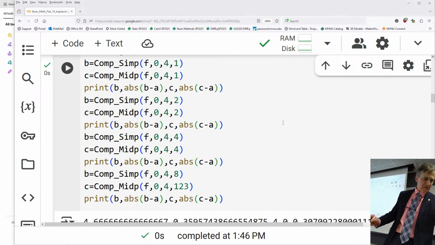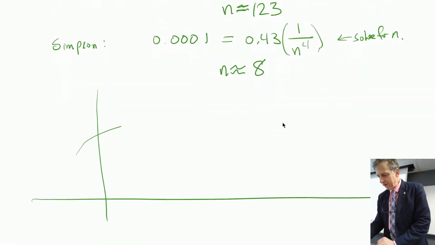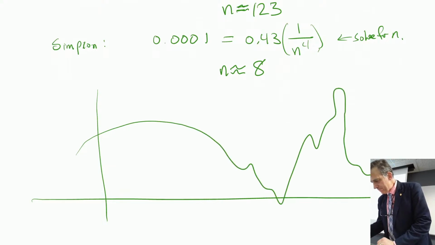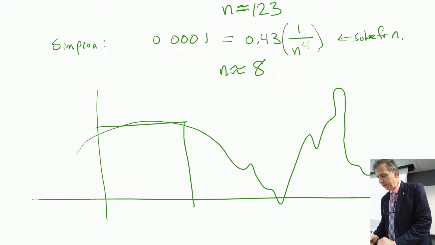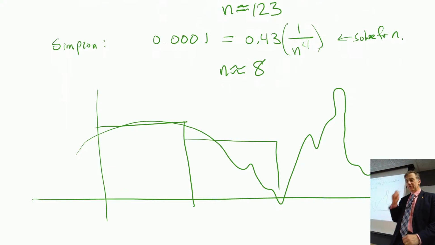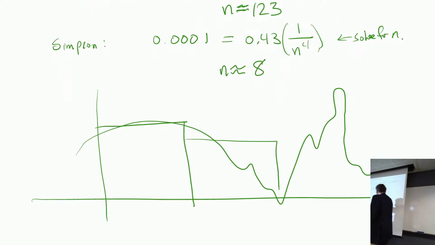So if you have a function that does this, so over here, that rectangle is pretty darn close, but over here, this rectangle might be much further from the truth. So we want to target where we actually make our refinements, if you will.